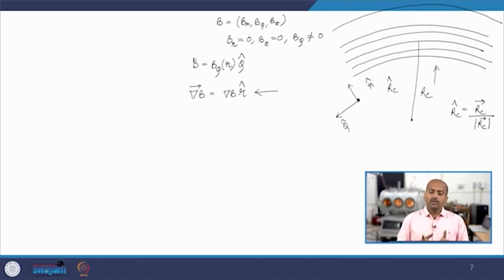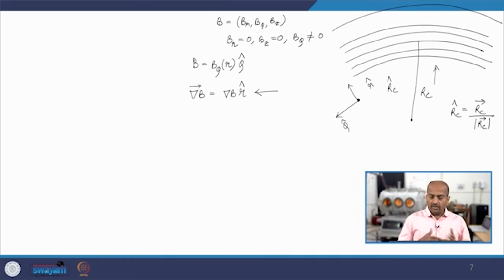Then while we were looking at the curvature drift, we did not think of the gradient. We took a configuration in which the magnetic flux lines are moving in the positive phi direction, and asked, if the particle is travelling along that, what is the force and what is the drift. Now, what we are trying to do is see a complete picture wherein we take cylindrical coordinates and assume the gradient to be spread out in the r direction.